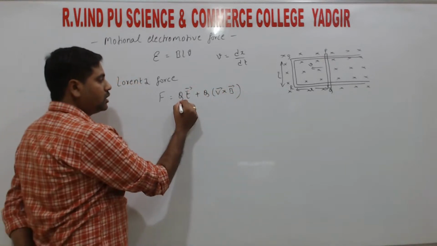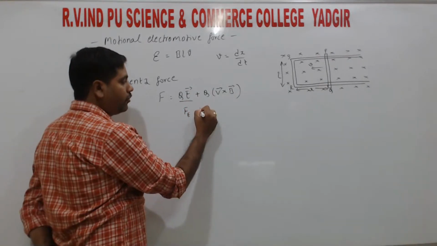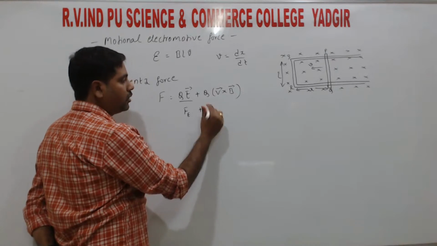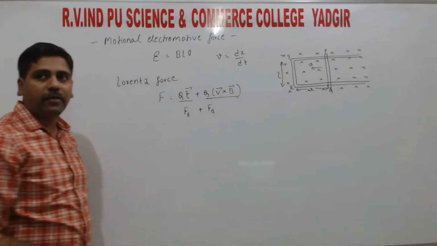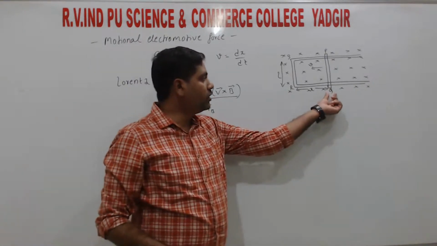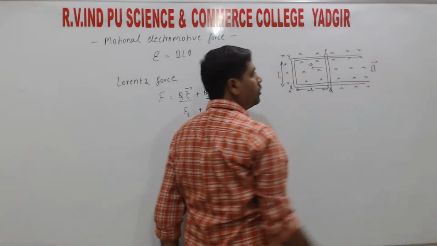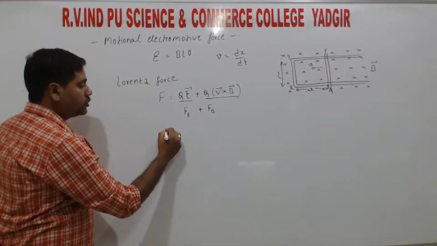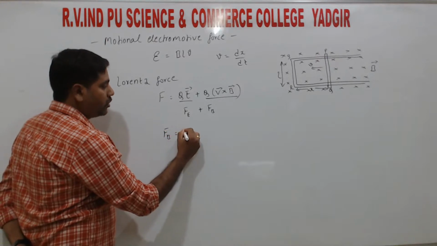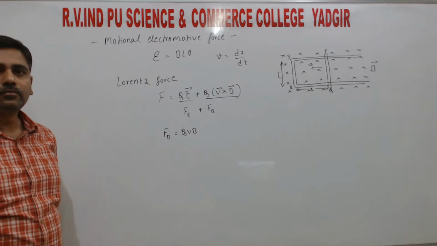Where QE is the electrical force, the force due to the electric field, FE, plus FB, right? This force is the magnetic force, right? Because the conductor is placed in the uniform magnetic field B, the magnetic force FB equals QVB, right?